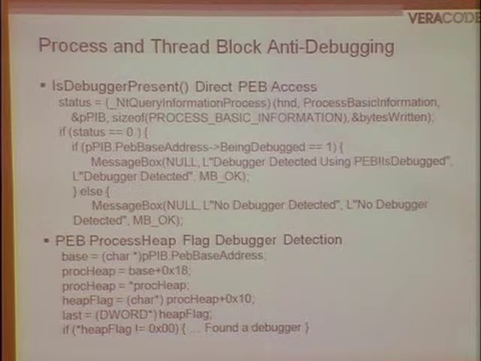The second one, I mentioned earlier, that under a debugger, heap headers are created differently than normal. The heap header flag in particular will contain a different value when the process is started within a debugger and when it's not. So what this one does is we actually look at a heap, the read flags.